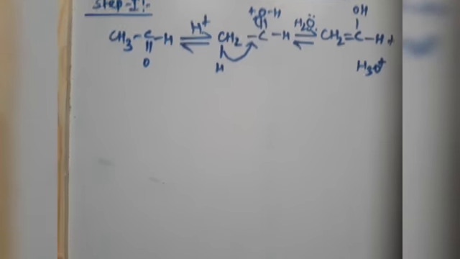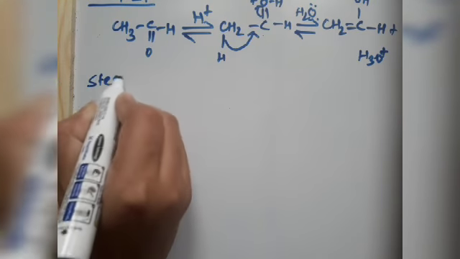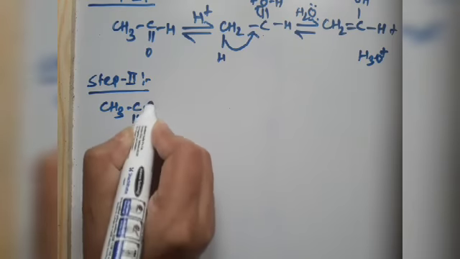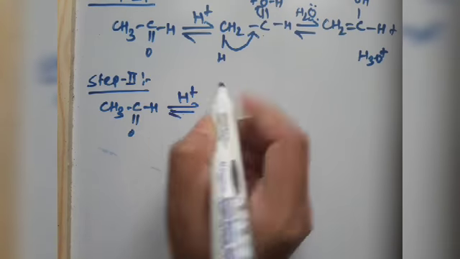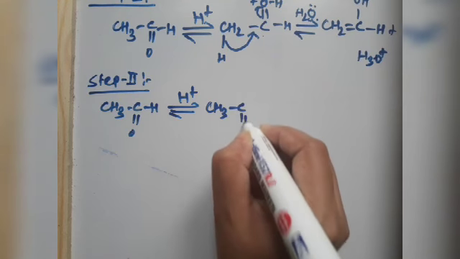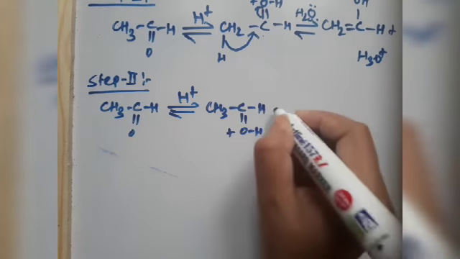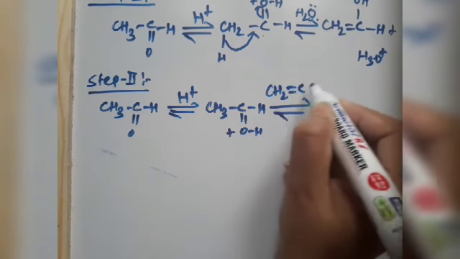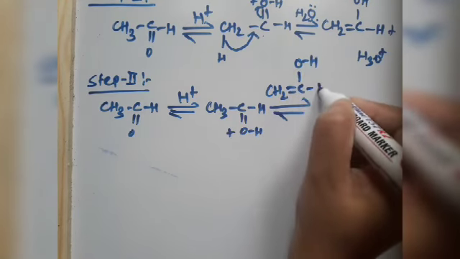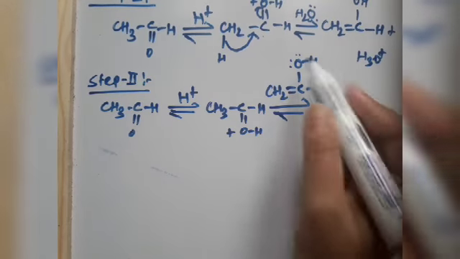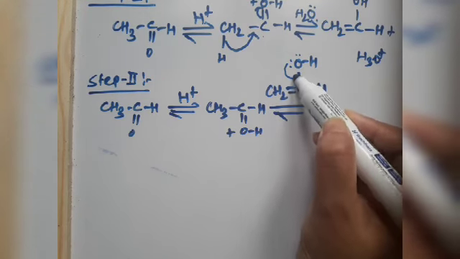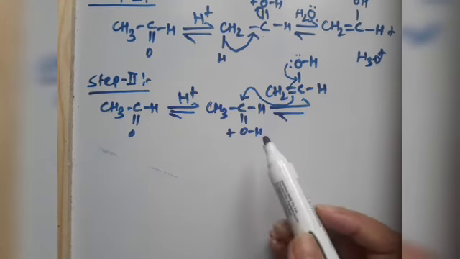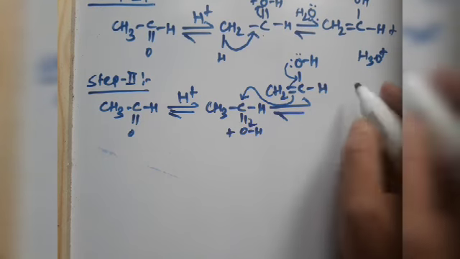Okay, so in the next step, another acetaldehyde molecule is there which will also be protonated with H plus ion, so CH3, COH, H. So this one will attack now. CH2 double bond C, OH, H. So two lone pairs of electrons are already there, so this will shift here, and this bond will attack this positively polarized carbon atom, and this will shift.